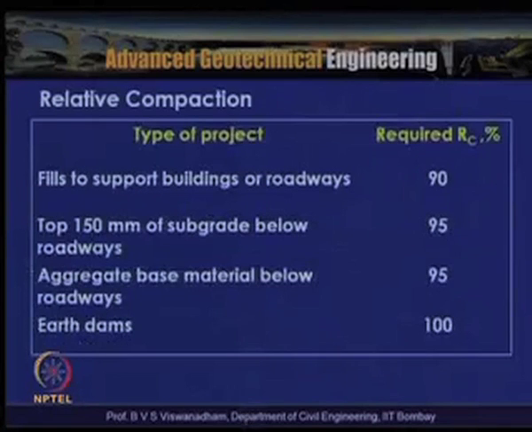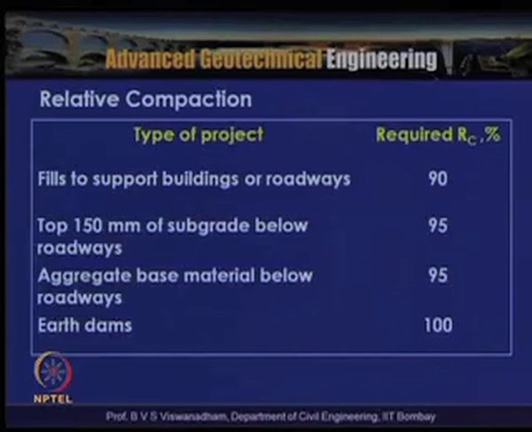In this particular slide, typical compaction of soil for different projects is shown. For fills to support buildings or roadways, the minimum to be ensured is 90%, meaning 90% of the laboratory compaction density should be achieved.